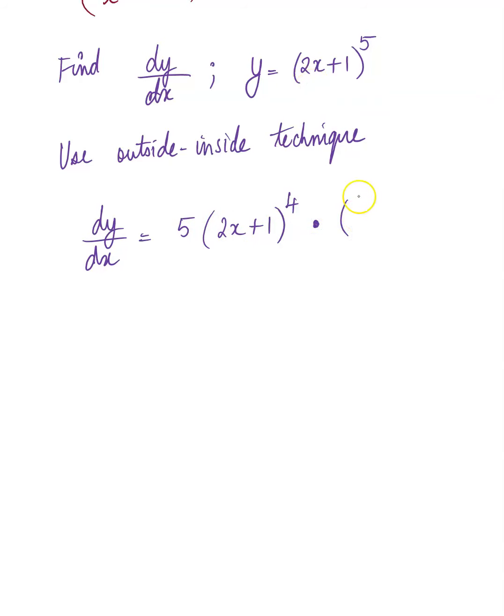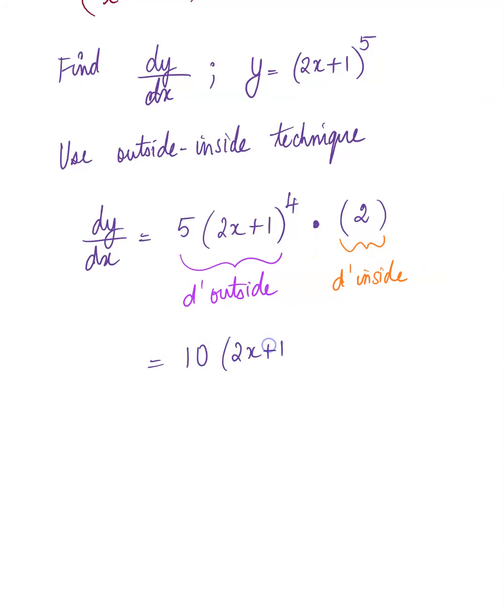The derivative of the inside will be just the 2. 2 plus 0, so it's just the 2. That's the derivative of the outside times the derivative of the inside. Alright, now shove them all together. 5 and the 2 will be 10. 2x plus 1 power 4.